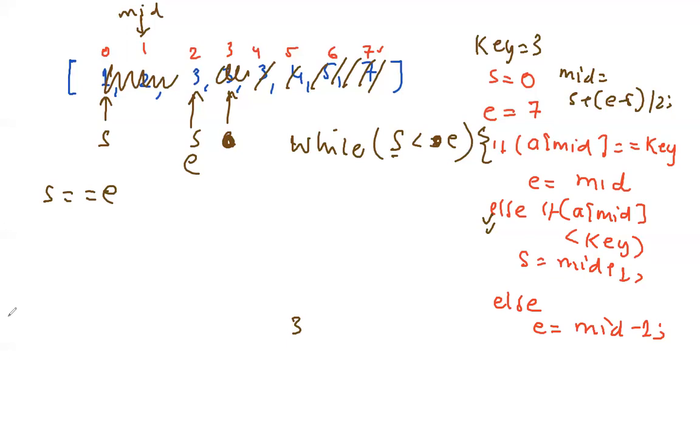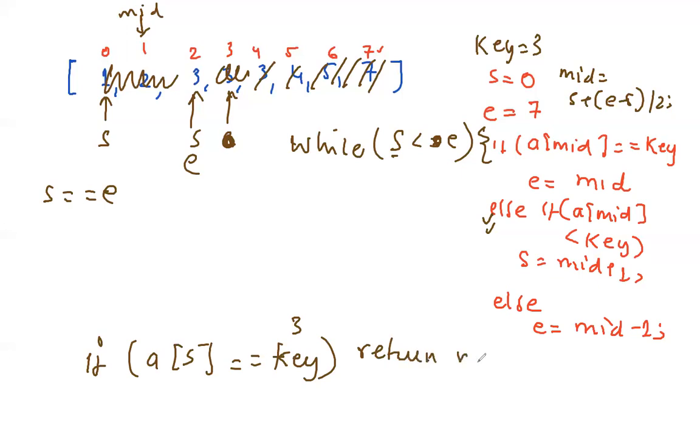What I have to test is whether a of s is equal to the key. Then I return the mid. If that is not the case, if the last element left in the array is not the key, then I return -1.